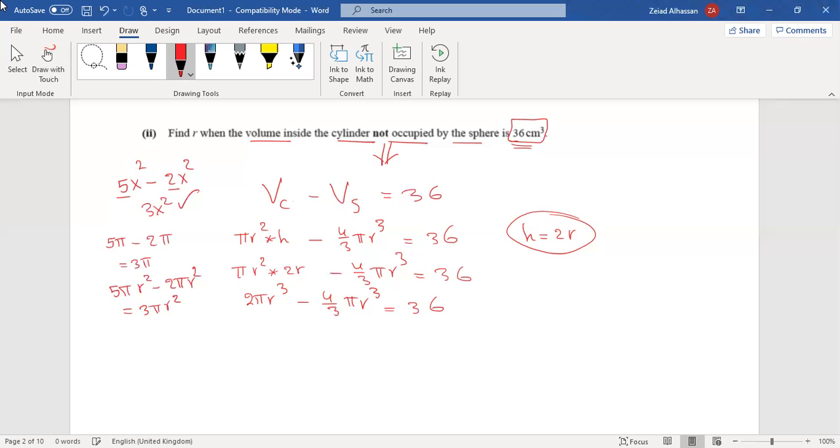If we have 2 pi r cubed minus 4 over 3 pi r cubed, all you need to do is subtract 2 minus 4 over 3. 2 minus 4 over 3 is 6 over 3 minus 4 over 3, that's 2 over 3.